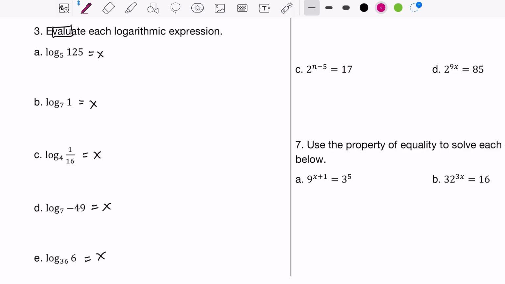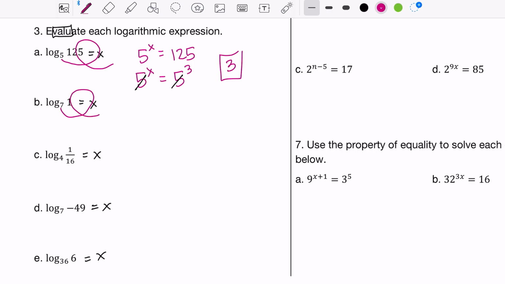Logs and exponentials are inverses or reverses of each other. So they're partners in crime in math. So I'm just going to go 5 to the x equals 125. Okay, 125 is 5 to the third power. Because the bases are equal, the exponents must also be equal, so we can clearly see that x equals 3.